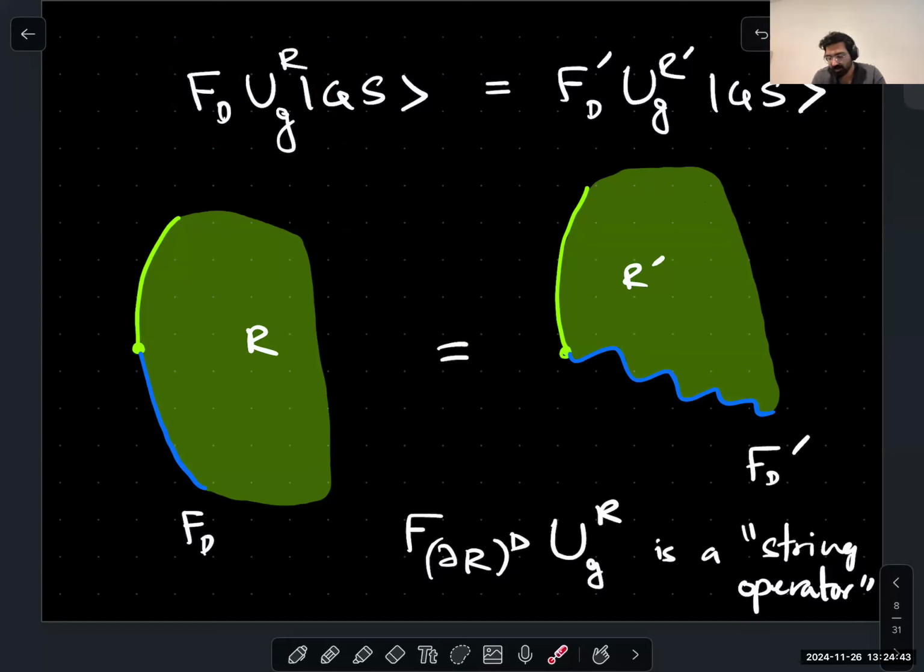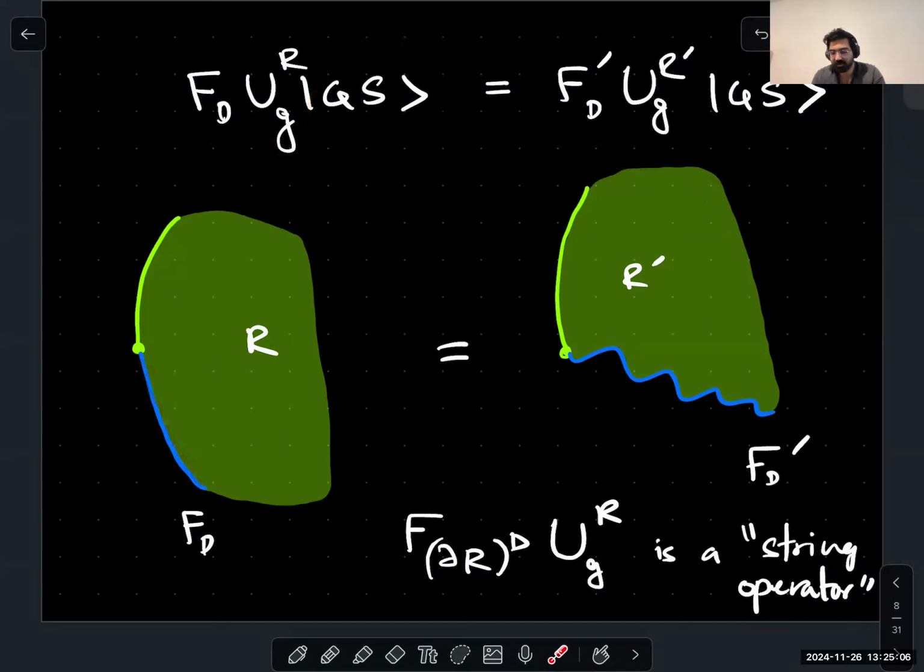Okay, so the idea is that if you're acting on the ground state with these two operations, they really are the same operation. Once the symmetry has been corrected for in the lower half, this is actually freely deformable as long as you're acting on the ground state.